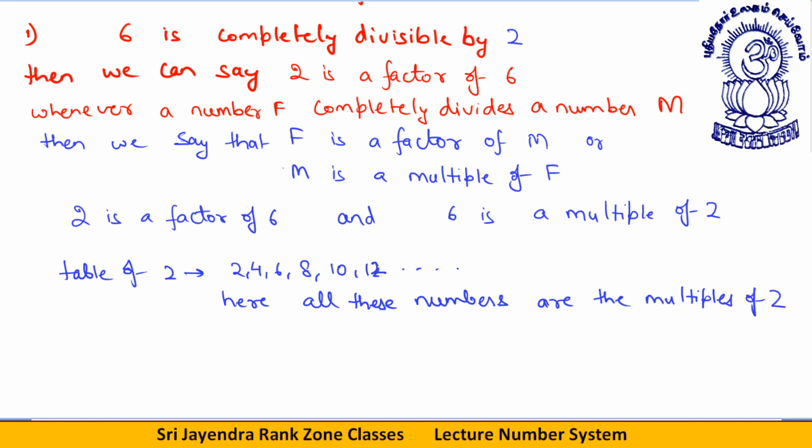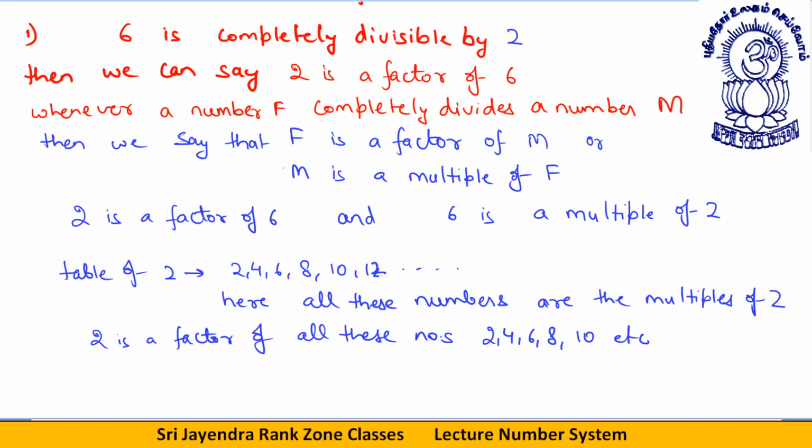And secondly, 2 is a factor of all these numbers. Which numbers? 2, 4, 6, 8, 10, etc. So far, I hope the things are clear to everyone.